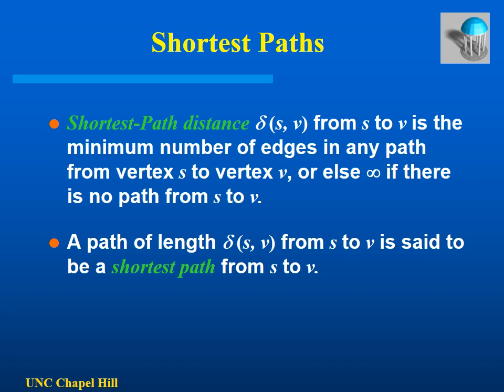We'll call the distance from S to V the shortest path delta of S of V. Reminder that we have intended to put that length, delta of S of V, in node V, in vertex V. Of course, if S is not connected to V by any path, its length was set to infinity in the initialization, and it has never been updated in this breadth-first approach, and so it remains as infinity.